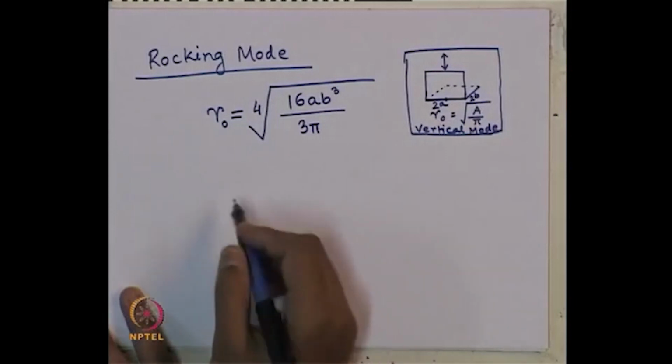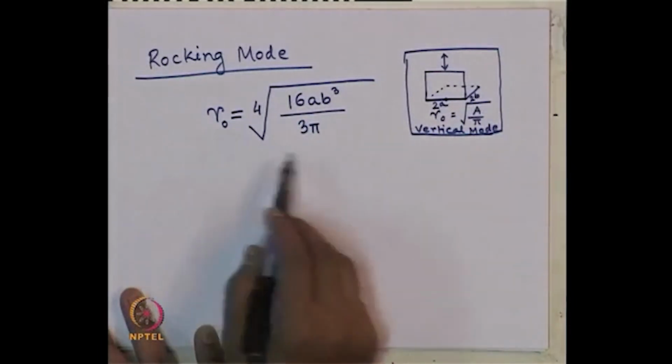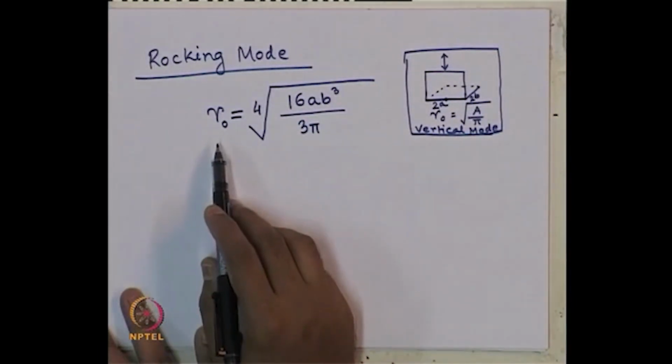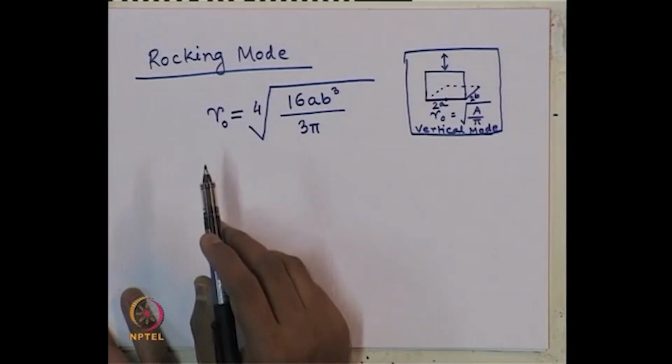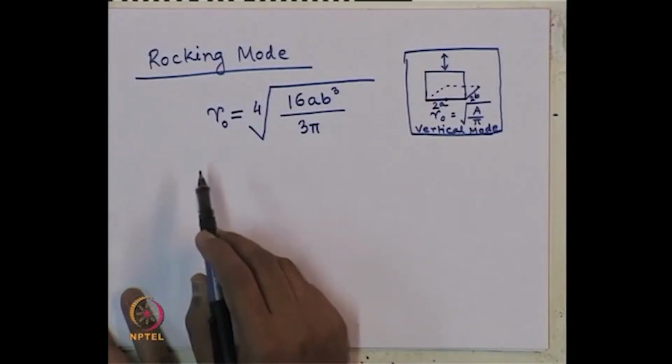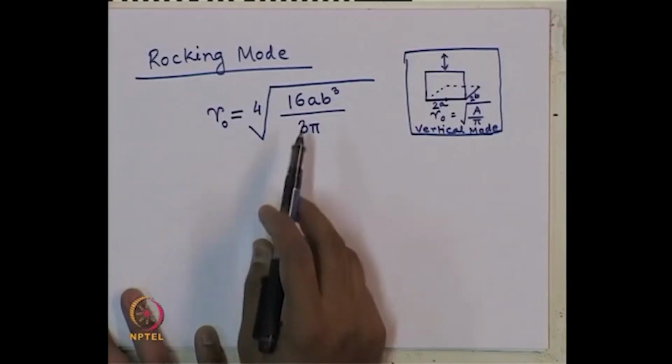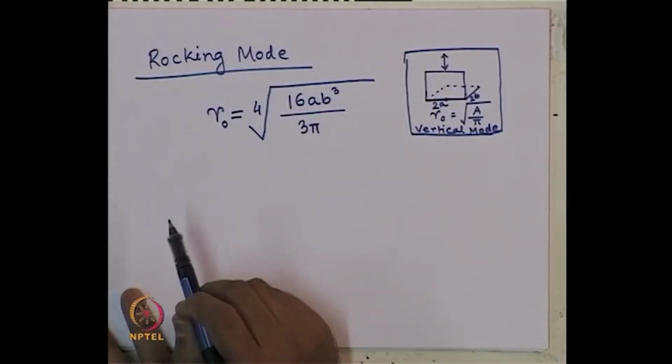In that case, this is the formula which will equate the moment of inertia for a circular footing with respect to a rectangular footing.